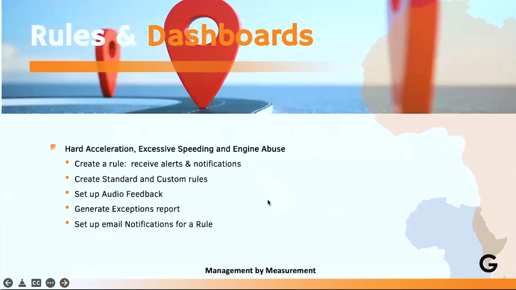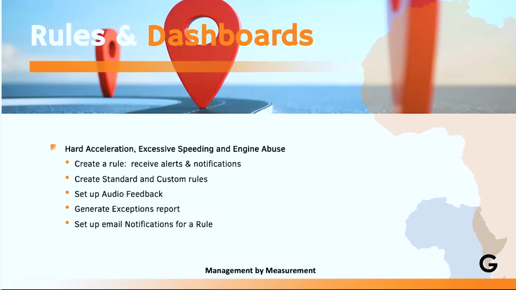All right, let's go through rules and dashboards. In conclusion, we will touch on very specific rules: hard acceleration, excessive speeding, and engine abuse. MyGeotab has standard rules already in the system, but what users can do is create custom rules. This will obviously be specific to your business and specific to internal processes that you may have in place.